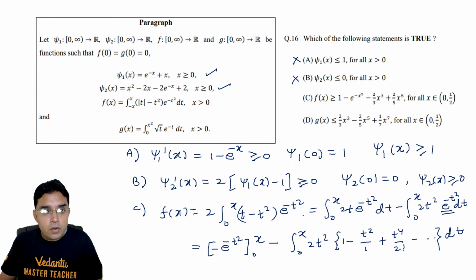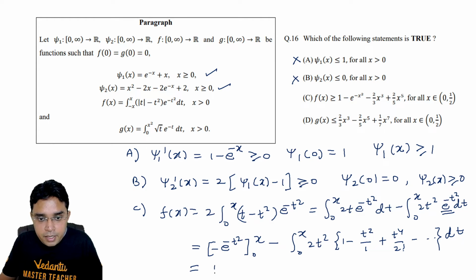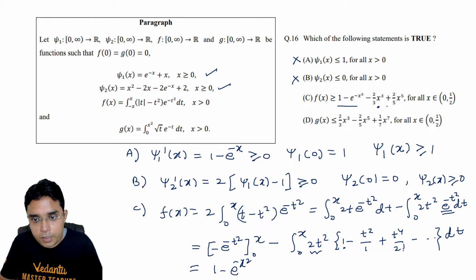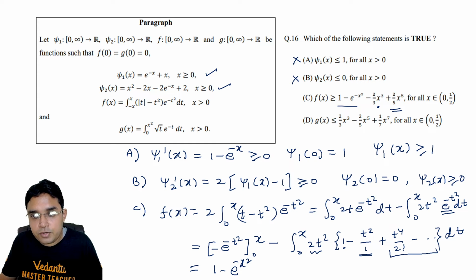Now here if you see what they have given, the first term, if I put the 0 to x limit here, gives 1 minus e power minus x square directly. Now you can see the term minus 2 by 3 x cube we will obtain if we integrate 2t square into 1. It is very easy to see because it will be 2 by 3 t cube, and putting limit 0 to x, this can be obtained. Then if we integrate 2t power 4, we will get this also, which means they have ignored all the terms after this.